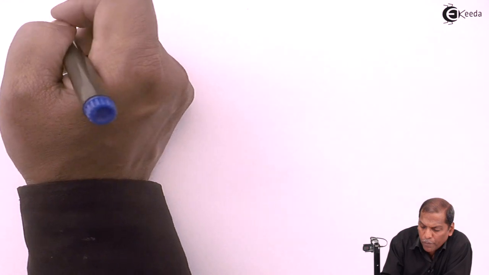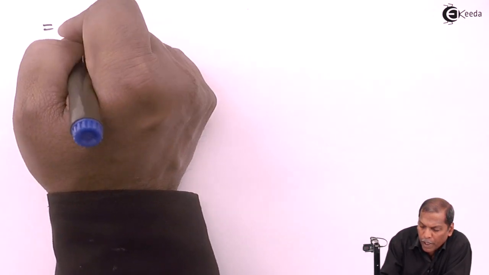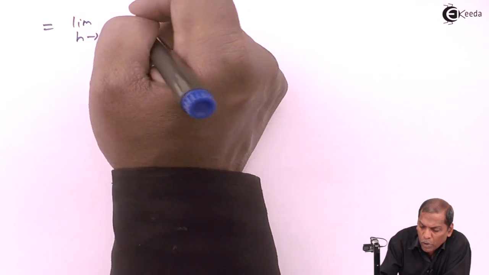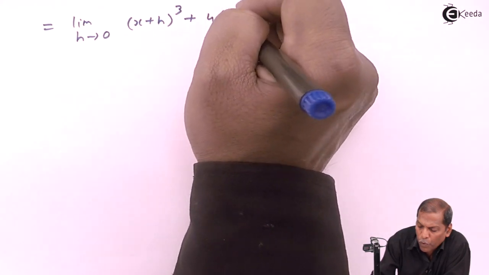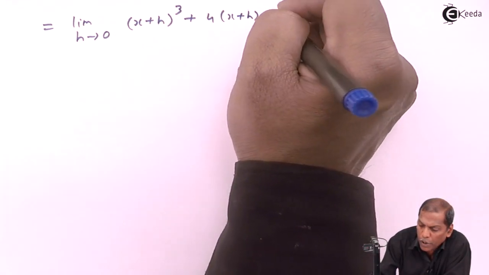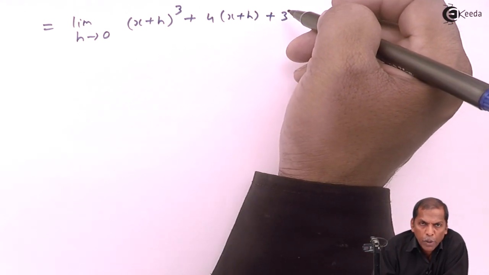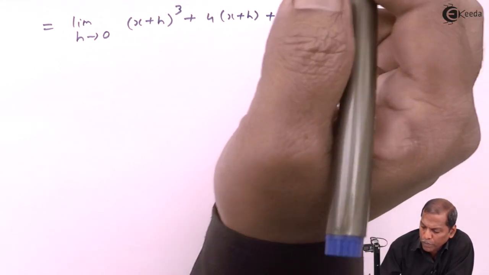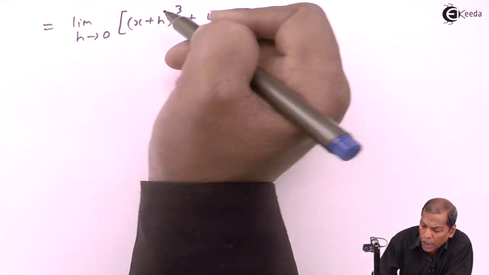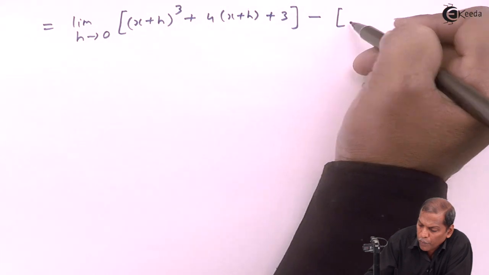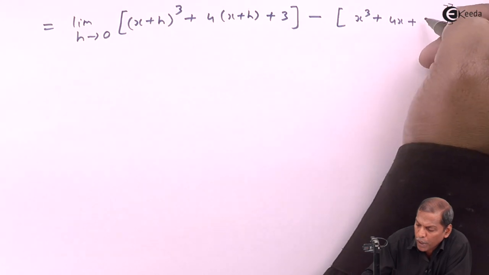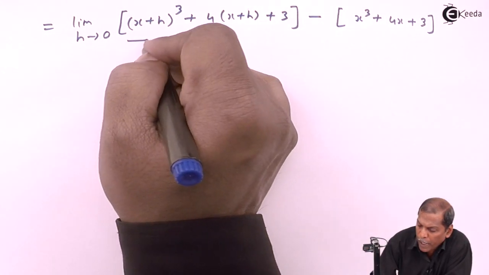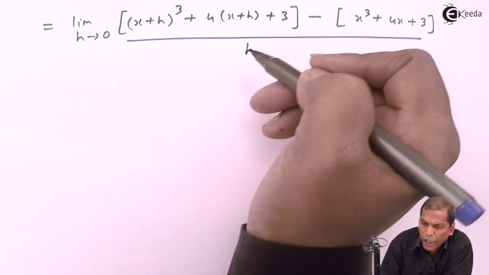Now here we have to substitute the corresponding values. So we get limit h tends to 0 x plus h the whole cube plus 4 in bracket x plus h plus 3. So this we substitute for f of x plus h, that is in one bracket, and then minus for f of x we substitute x cube plus 4x plus 3, finally bracket complete, and then whole thing divided by h.